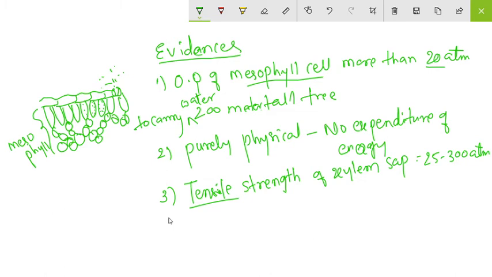So it is the ability of material to resist the tearing, so that is known as the tensile strength. So tensile strength of the xylem sap, it is near about 25 to 300 atmosphere, and it is enough to avoid the breaking of water column.